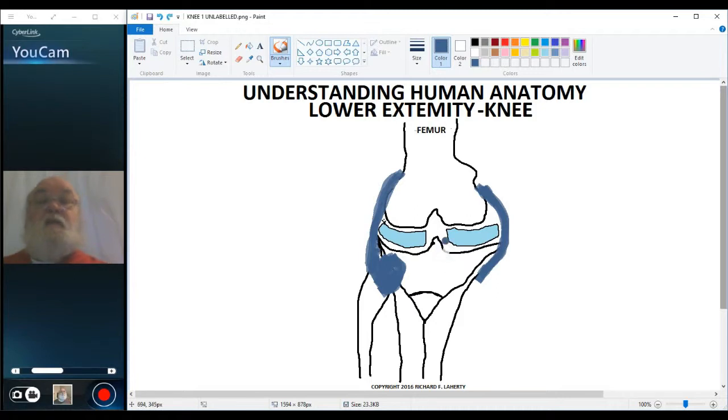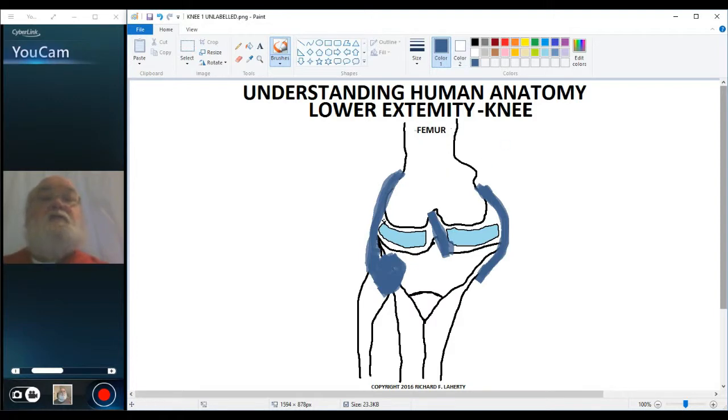Two ligaments. The first one I'll draw in is the anterior cruciate ligament. And it originates on the anterior side of the tibia and passes posteriorly to attach to the femur in the posterior portion of the intercondylar fossa.